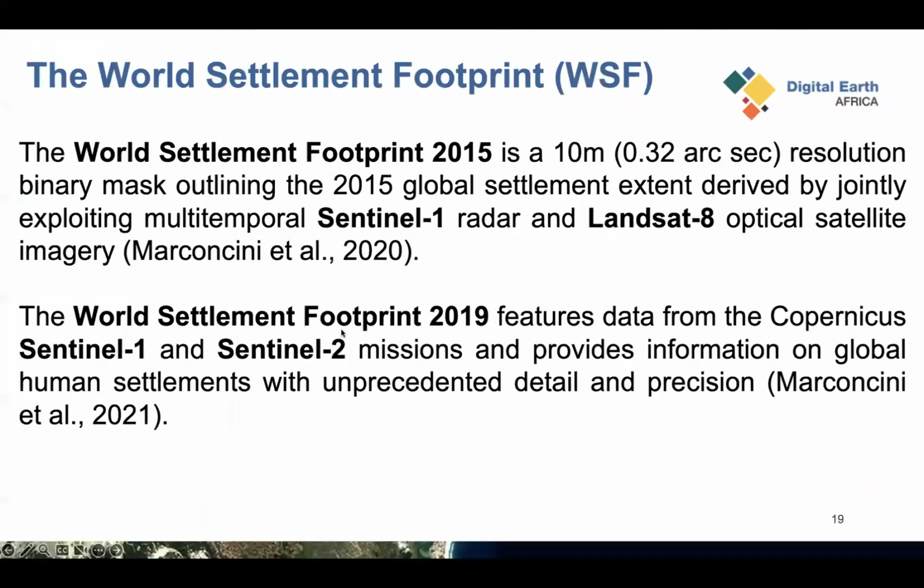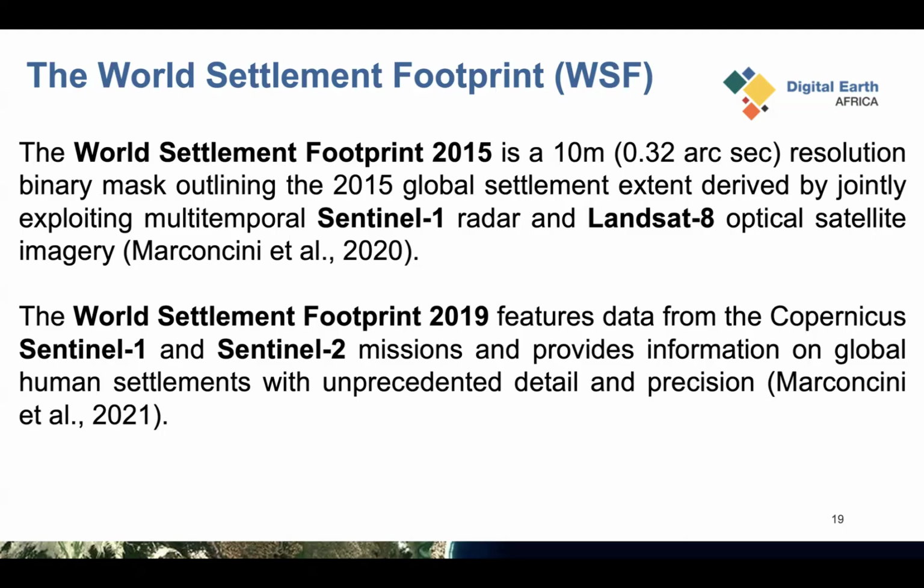And the other example is to look at the World Settlement Footprint data, which is quite useful. Initially developed with Sentinel-1 and Landsat 8, the World Settlement Footprint 2015 data has been of interest. And the World Settlement Footprint data of 2019 was able now to bring in Copernicus data on Sentinel-1 and 2.